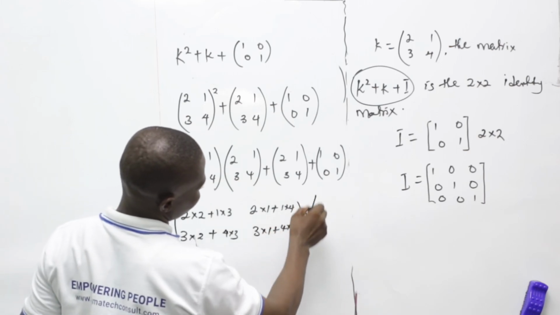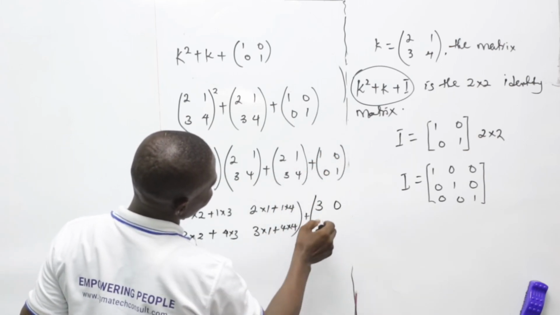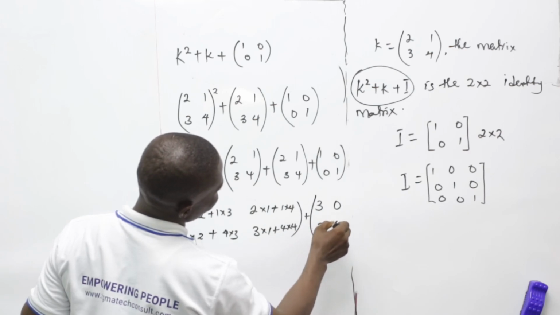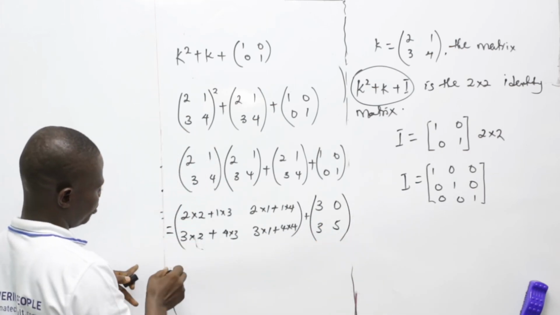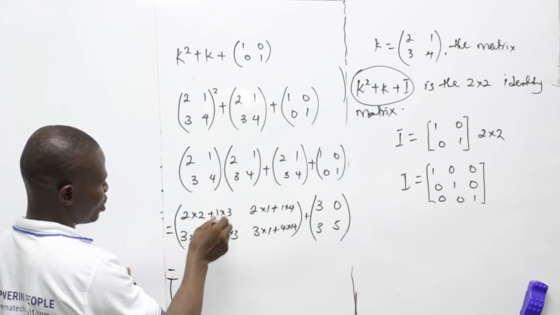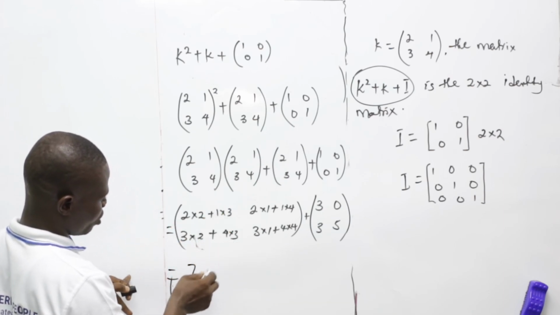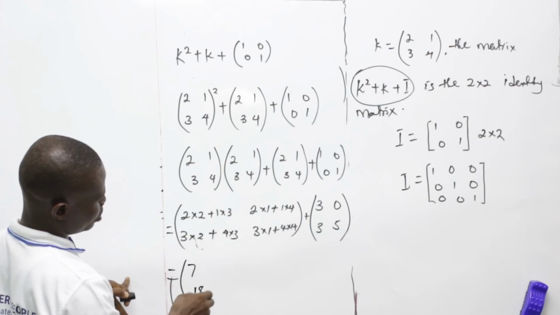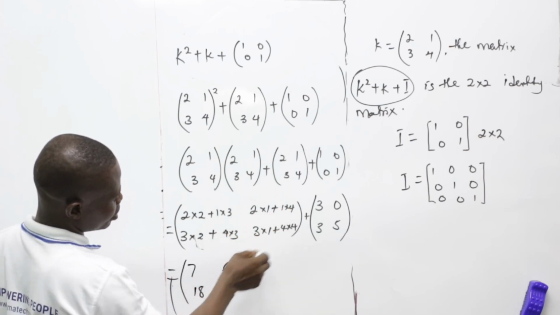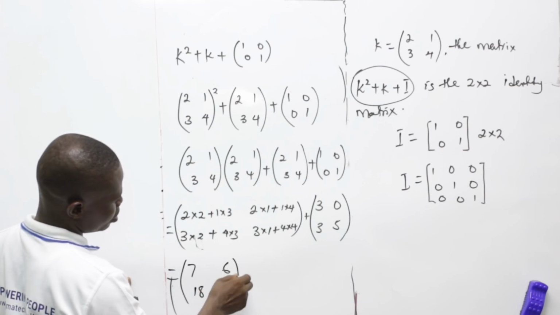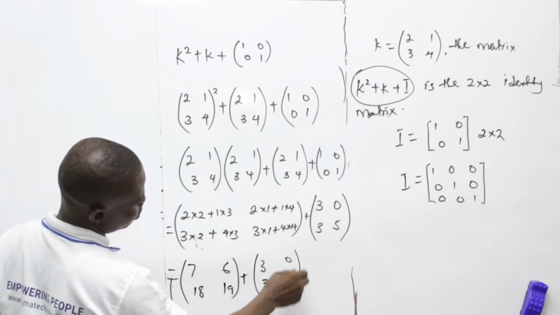Then plus this: 3, this plus this is 0, this plus this is 3, 5. Now let us interpret this place. This is 4 plus 3, 7. All right. This is 6 plus 12, that's 18. This, that's 6. This is 16 plus 3, 19. Plus 3, 0, 3, 5.